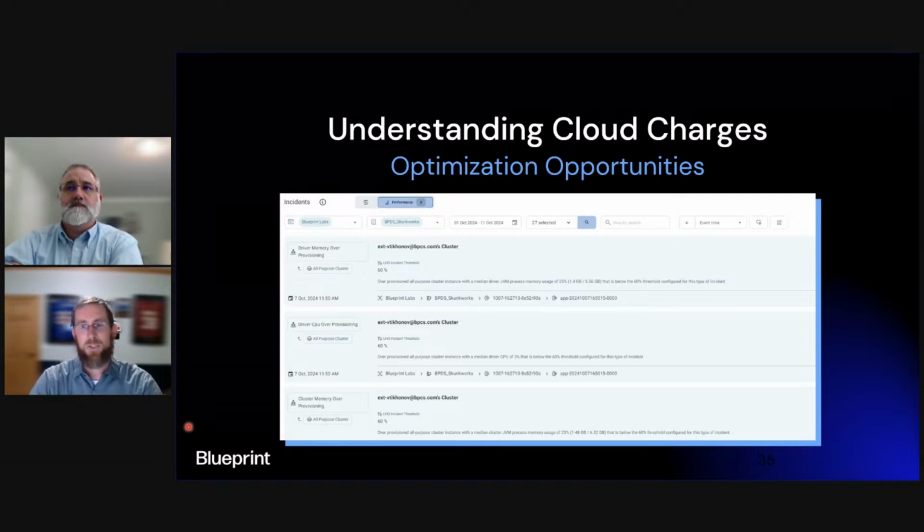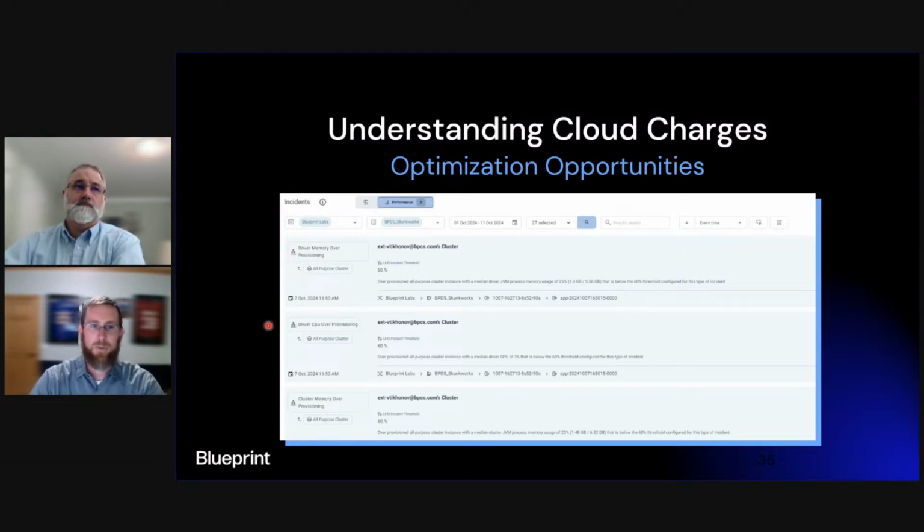Well, that works to a certain point. In LHO, we utilize that, and it helps paint the picture that a cluster, like in this case, had too much memory on the driver node. The CPU was too high on the driver node, and there was too much memory on the worker nodes.